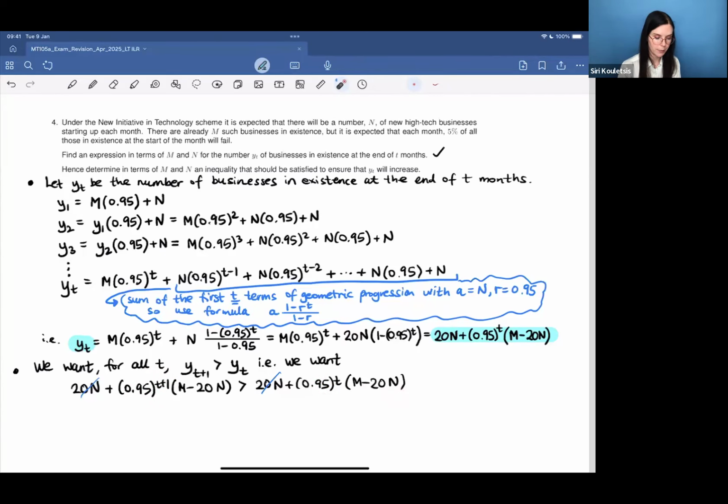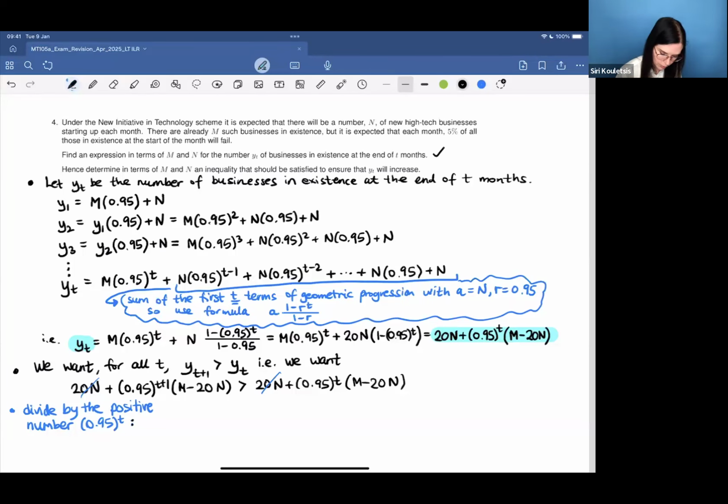But as we do that, I want to point out that we need to be careful when we manipulate inequalities. Because as you know, if we are dividing or multiplying by something negative, then the inequality changes sign. But 0.95 to the power of t is positive, and so the inequality does not change sign by doing that operation.